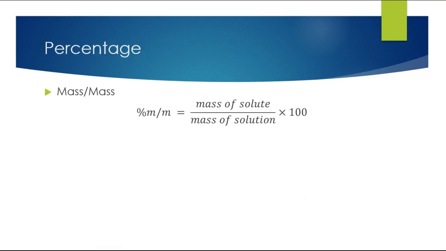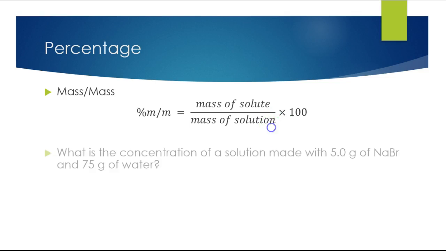Okay, so let's examine the percentage concentrations. First is mass. The mass percent is the mass of the solute divided by the mass of the solution. Notice it's the mass of the solution, not the solvent. Okay, so let's look at a problem. What is the concentration of a solution made with 5 grams of sodium bromide and 75 grams of water?